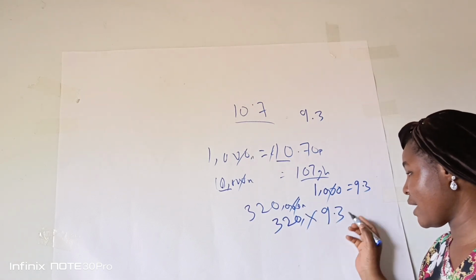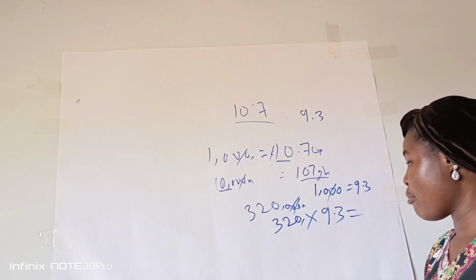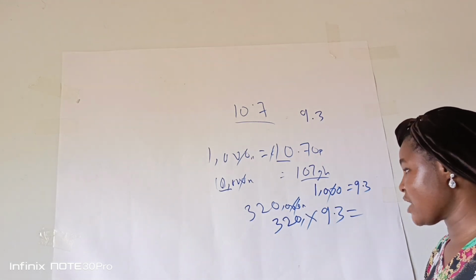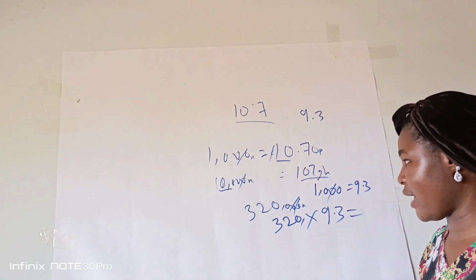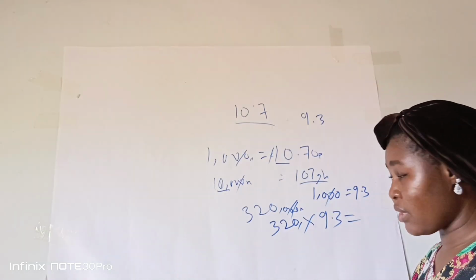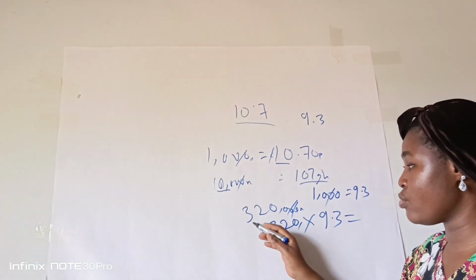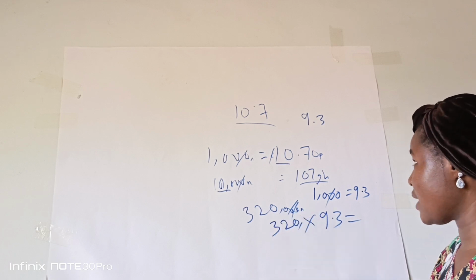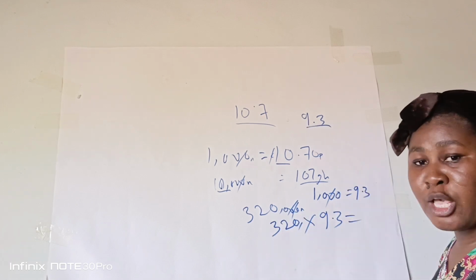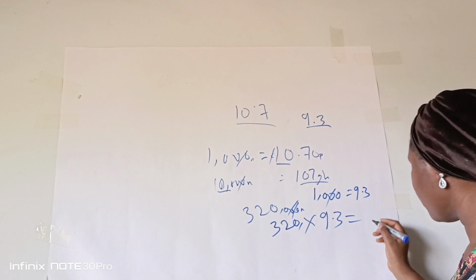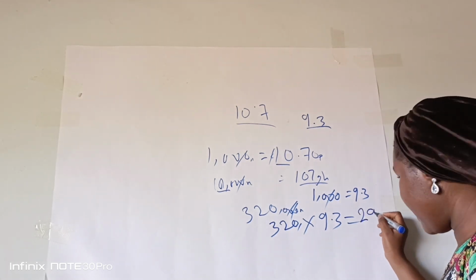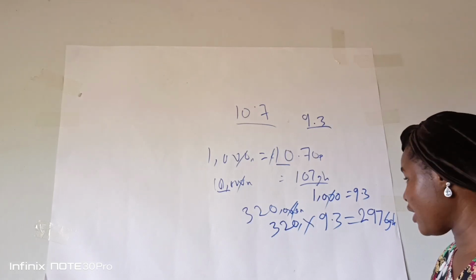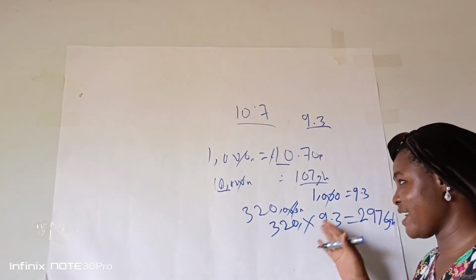You should use your calculator and get the total amount of money that you are going to pay to your supplier based on the rate of 9.3. The total amount that is equivalent to 320k or 320,000 Naira with the rate of 9.3 is 2,976 Ghana Cedis.